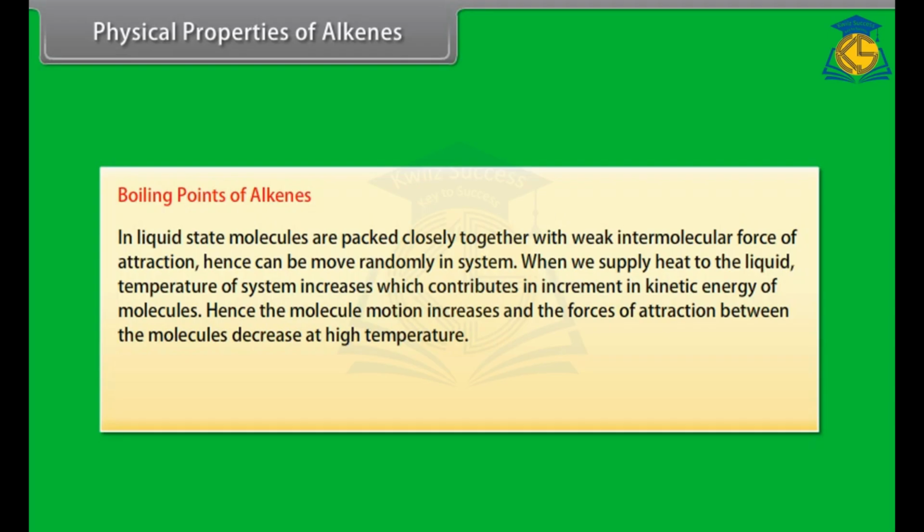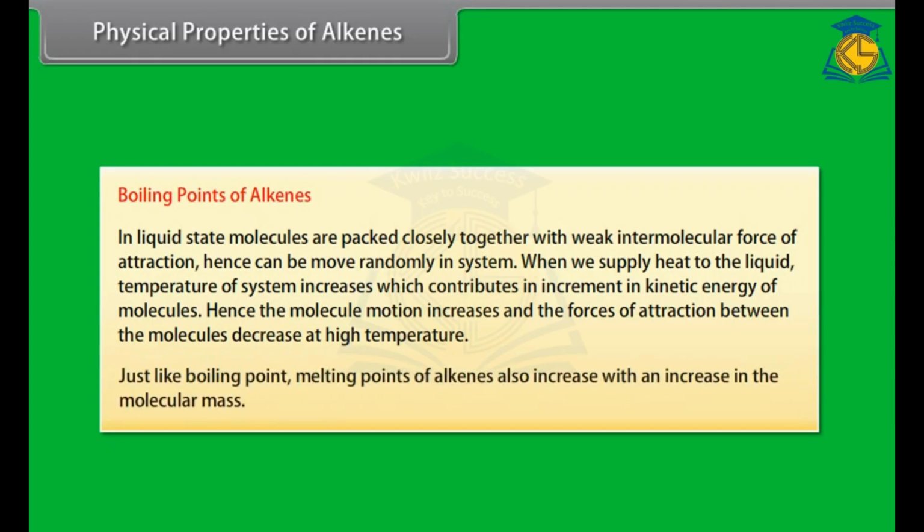When we supply heat to the liquid, the temperature of the system increases, which contributes to an increase in kinetic energy of molecules. Hence, the molecular motion increases and the forces of attraction between the molecules decrease at high temperature. Just like boiling point, melting points of alkenes also increase with an increase in the molecular mass.